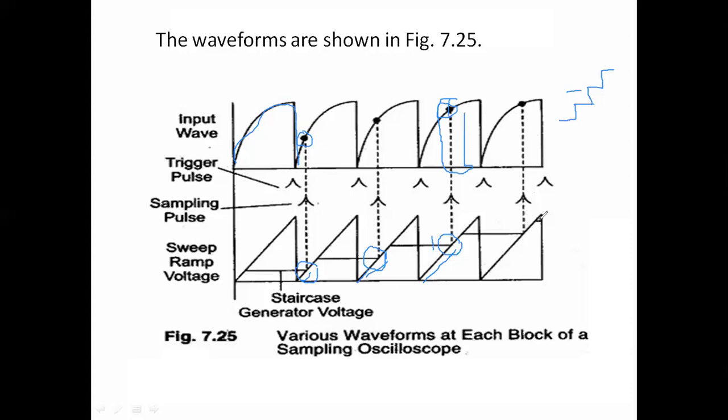Like that, we will get a number of samples of the input signal. I think you understand this concept, how these samples are generated for the given input by using a ramp signal and a staircase generator.